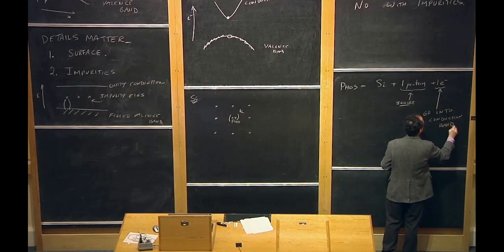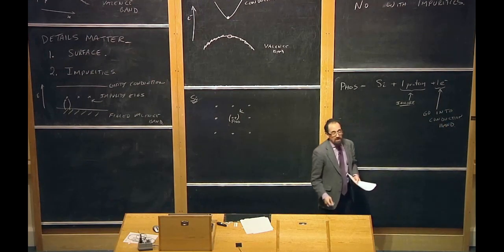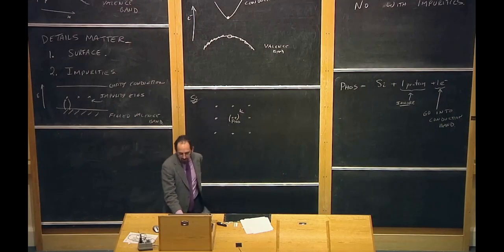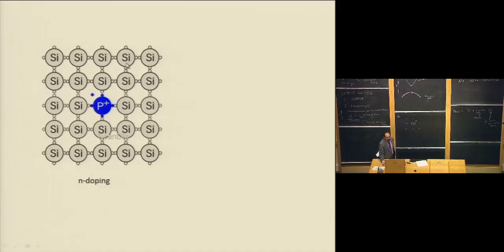So here we have added an electron into the conduction band without adding a hole into the valence band. Let me show you a better cartoon of this. In this picture, the electrons are drawn as little circles around the silicon atom, and two electrons next to each other depict a covalent bond that holds two silicon atoms together.